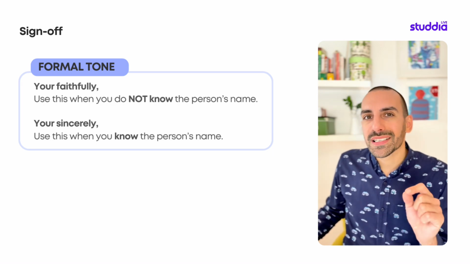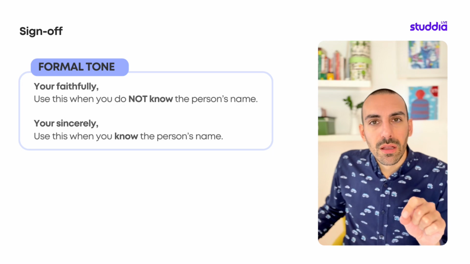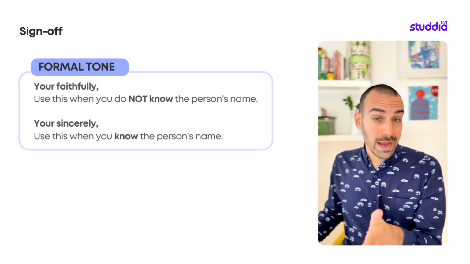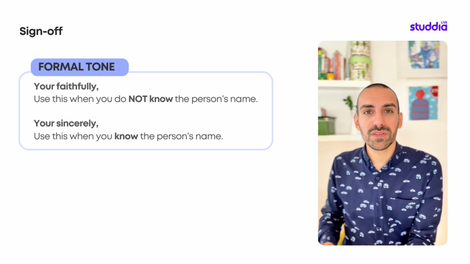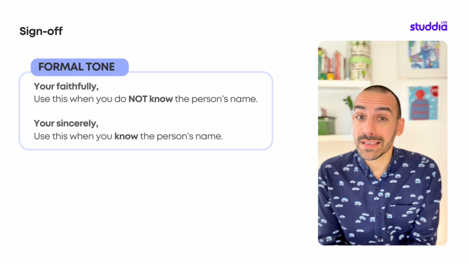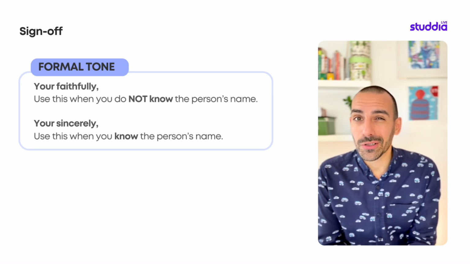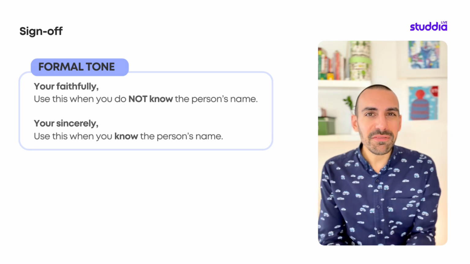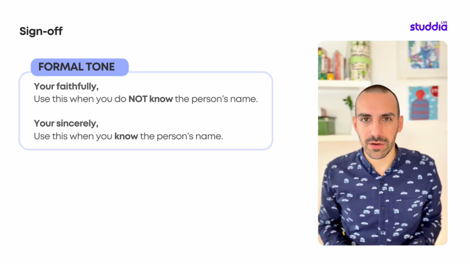You can use yours sincerely when you do know the person's name. For example, if you start with dear Mr. Brown. Other formal options you can sometimes use are kind regards or best regards, but yours faithfully and yours sincerely are the safest and most appropriate for IELTS formal letters.